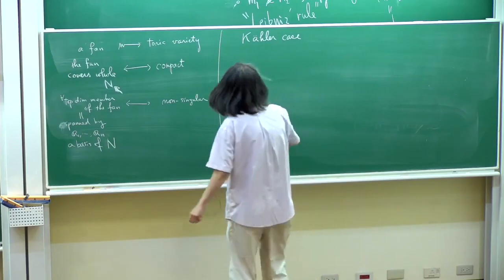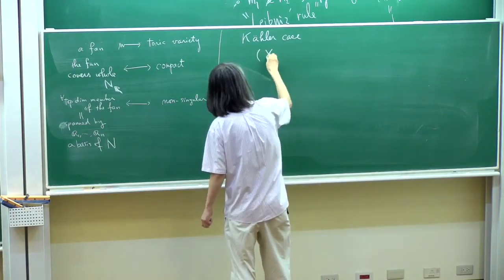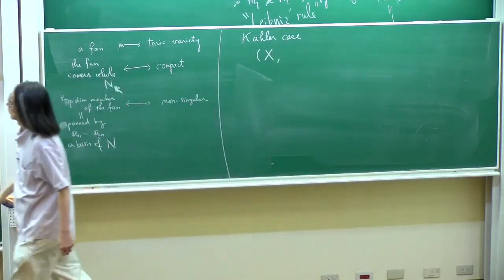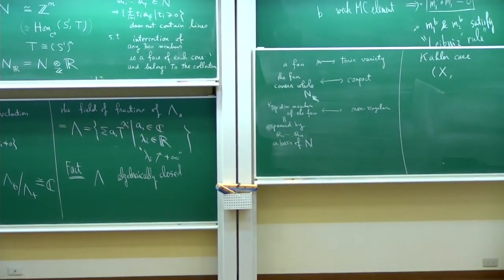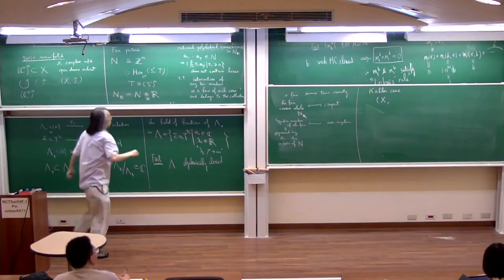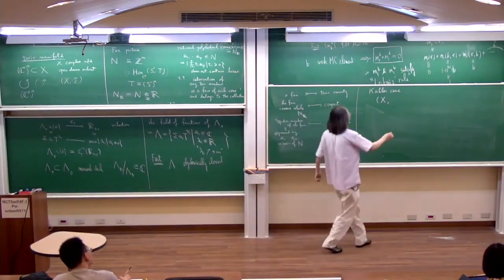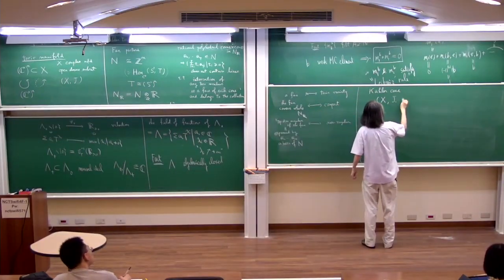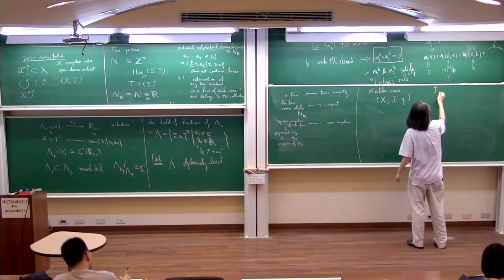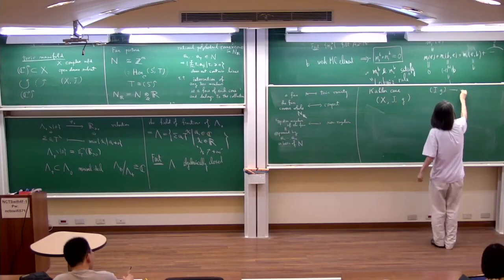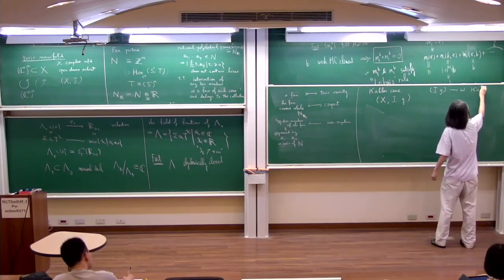In that case you have X, and certainly you have a complex manifold. Therefore you have a complex structure here, but here is a Kähler metric g, and g gives you a Kähler metric here.